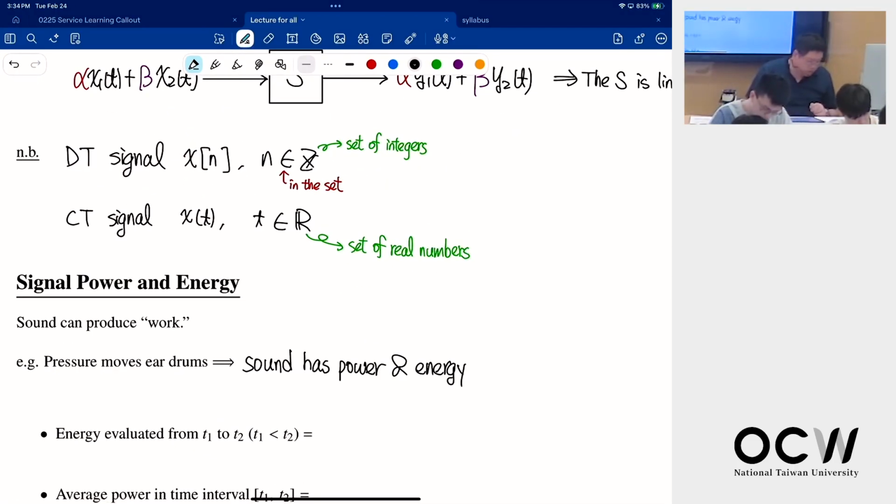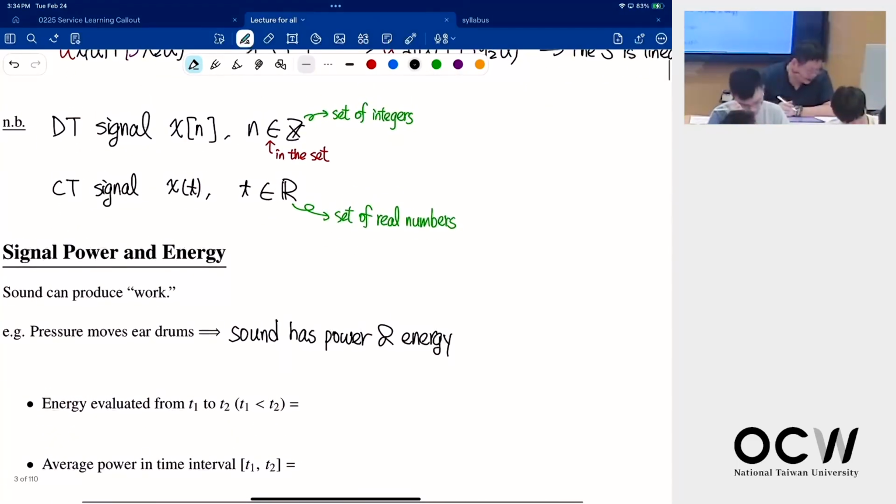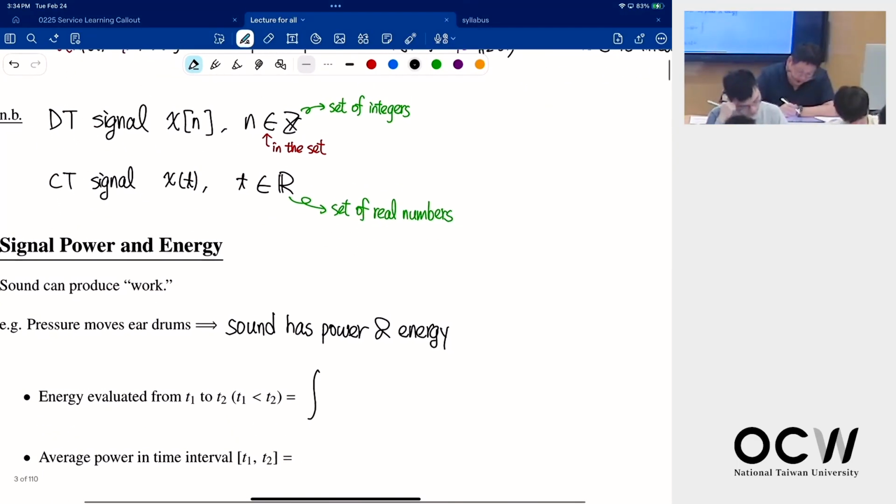So how do we evaluate the energy? Okay, if we want to find the energy from T1 to T2, where T1 is less than T2, then we have the integration from T1 to T2.